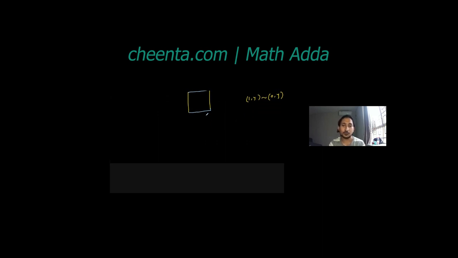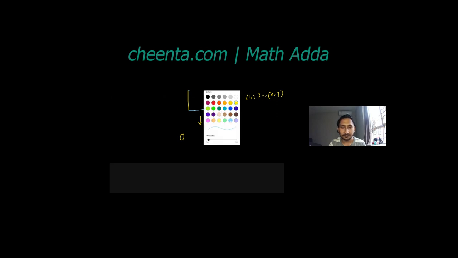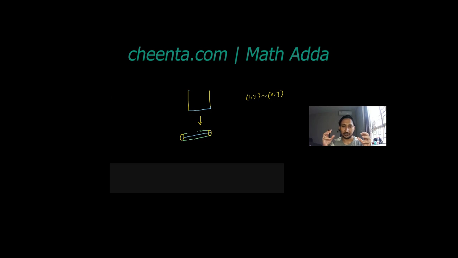We do this process in two steps. First, we do it like this. We bring the two blue sides together, and that gives us a cylinder. And then we bring the two ends together, which are the yellow sides now.